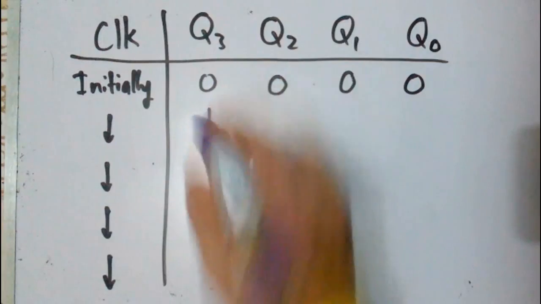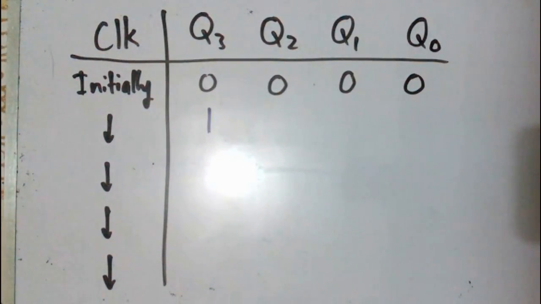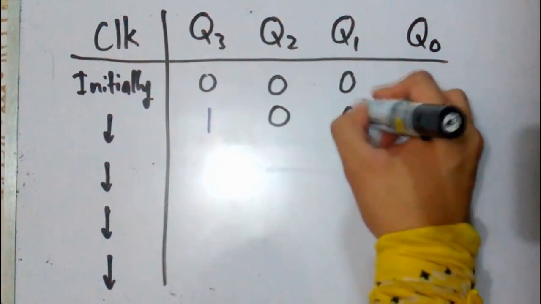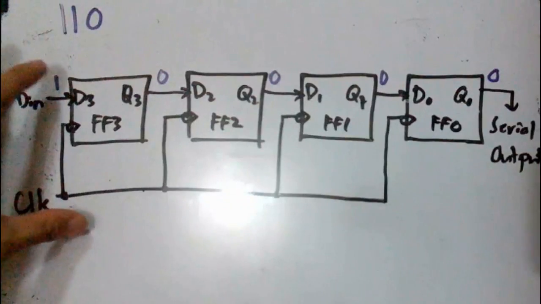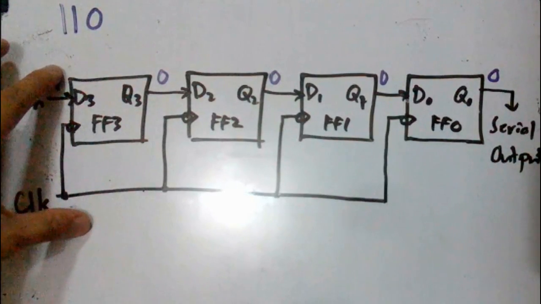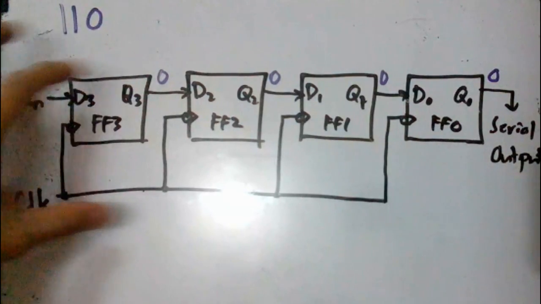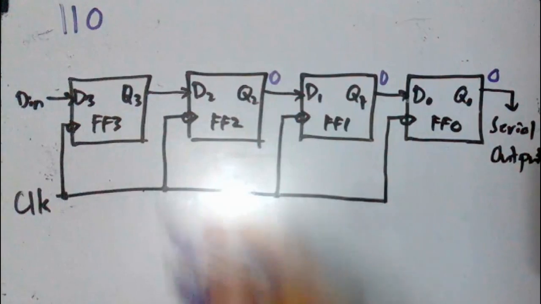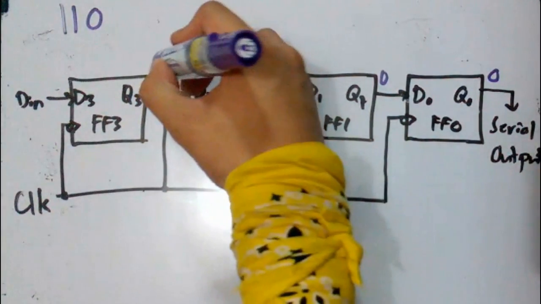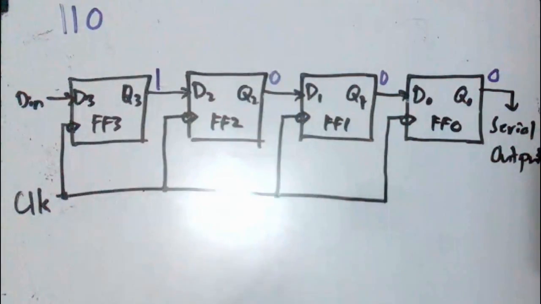After the first falling edge, the values of the outputs Q3, Q2, Q1, and Q0 will be the following. After that, the next digit after the LSB will then be entered on the register, while the data on flip-flop 3 will then be shifted to the flip-flop on the right, which is flip-flop 2.